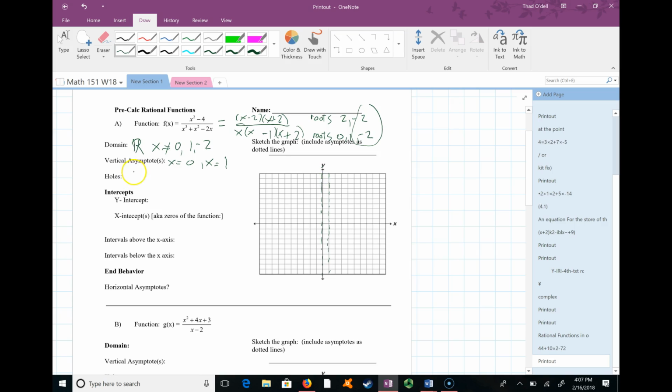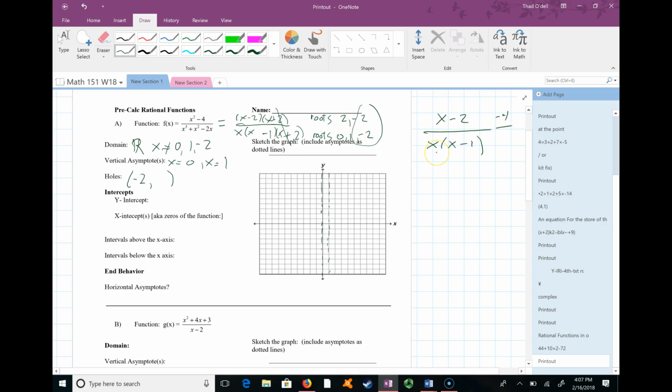There would be a hole at negative 2, and we plug negative 2 in back up here, so we're plugging negative 2 into x minus 2 over x times x minus 1. Because remember, you plug it in with the common factor canceled out. So if I plug a negative 2 in here, I'd get negative 4 on top.